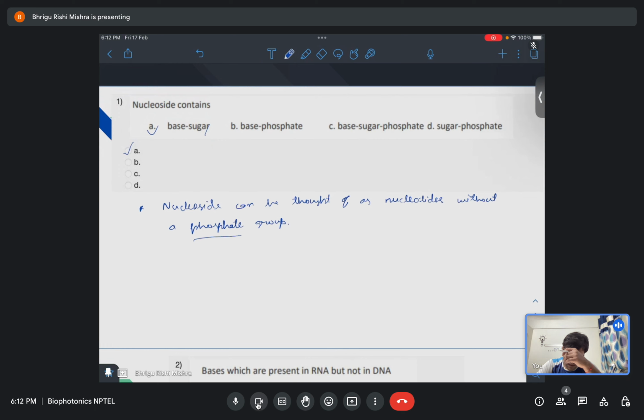Another thing is that it contains a nucleobase. So what is a nucleobase? That is an important thing.